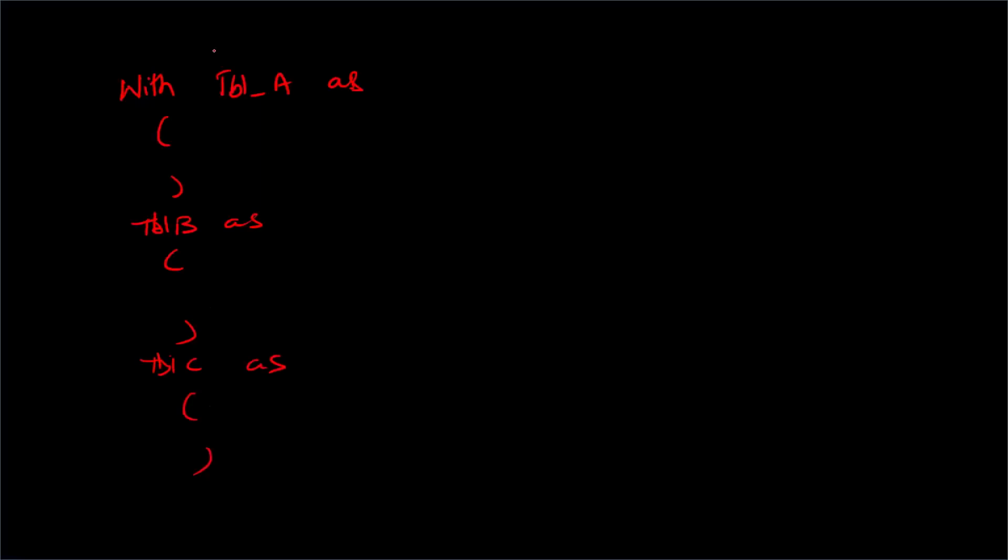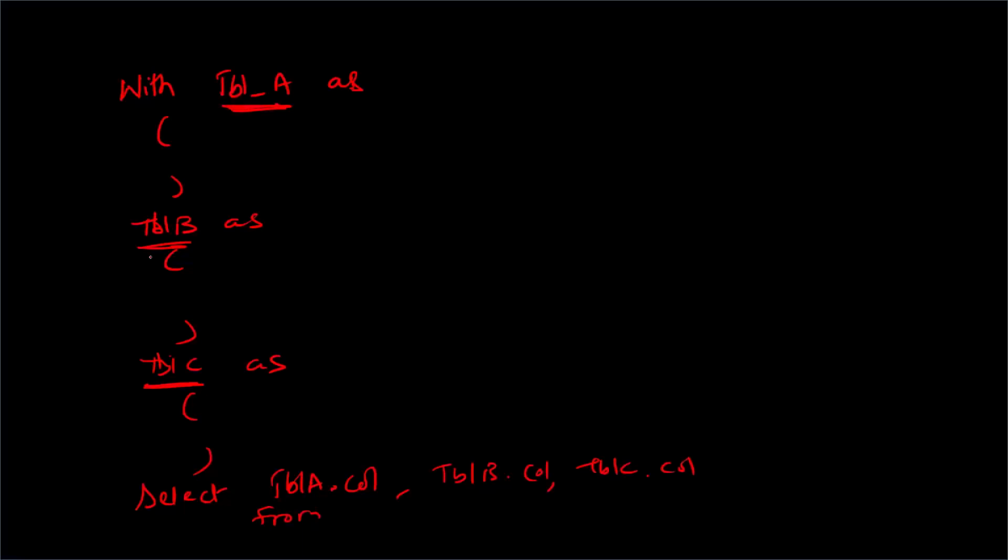Now you have got three temporary tables: table A, table B, table C. And now you want to write a query, select table A dot column, comma, table B dot column, table C dot column. You want to write a query from these three. You can use them as if they are some permanent tables.